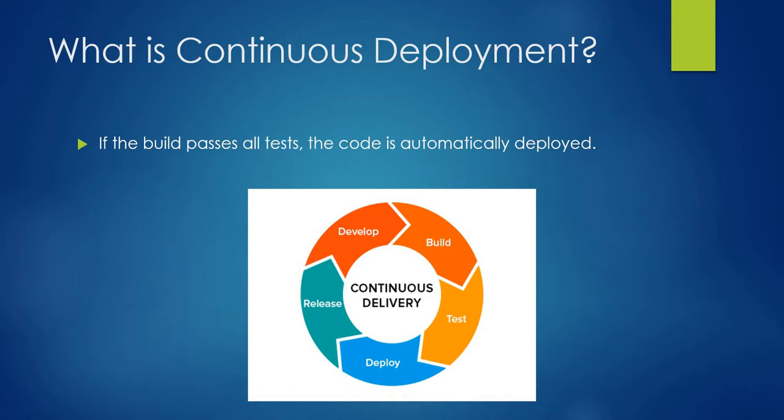If all of those tests pass successfully, then it's automatically deployed to production and then released to the general consumer. And so you can see that this happens continuously. It's this continuous loop that often happens multiple times a day where code is automatically deployed and released to production.